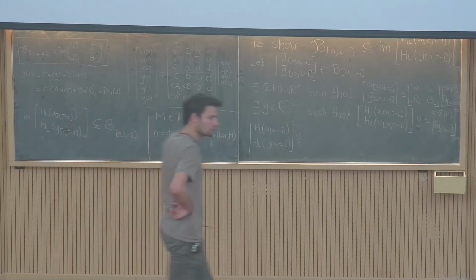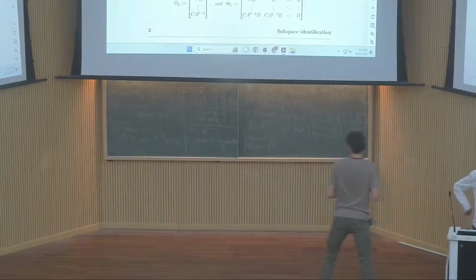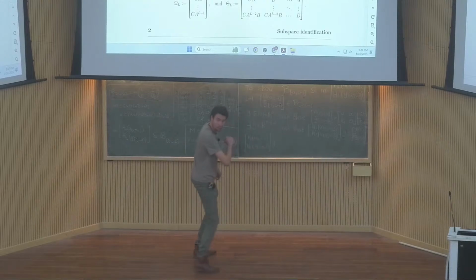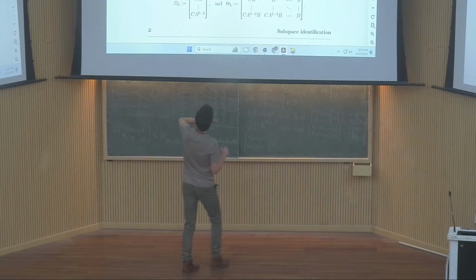Okay, let's try to use now the formula in the exercise. Right, so I replace this input-output Hankel matrix using the formula on the slide. So what is this?